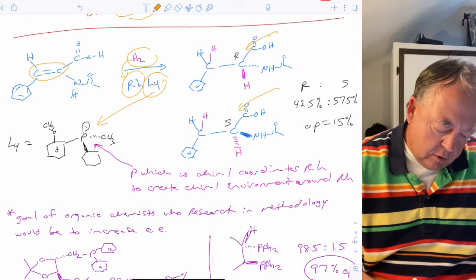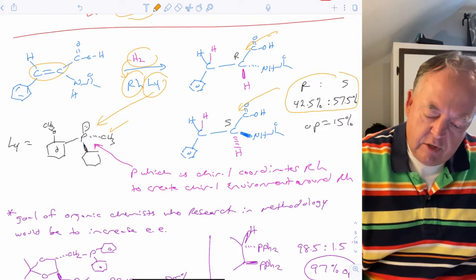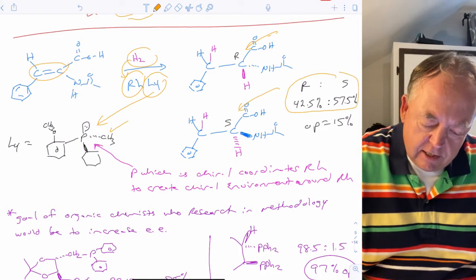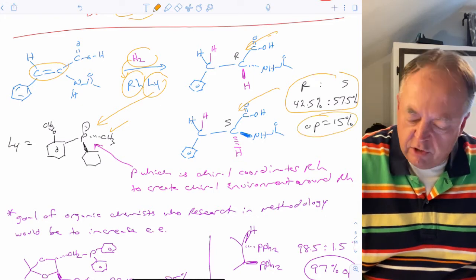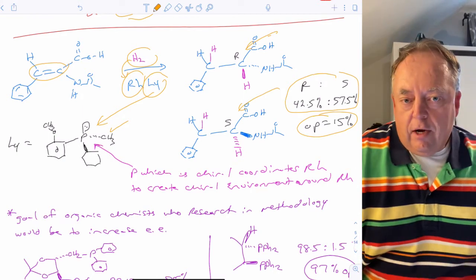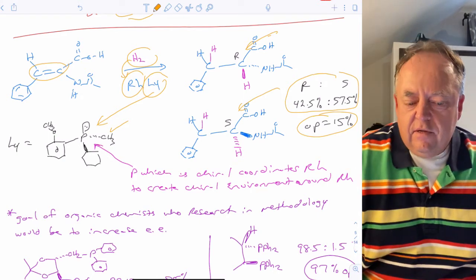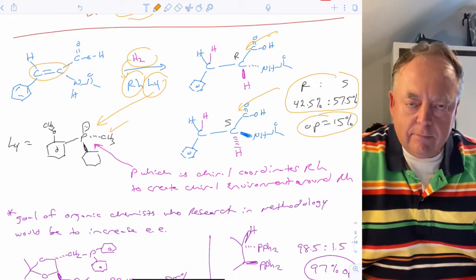And when this reaction occurs, then you can conceivably get some optical selectivity in your reaction. So with this particular ligand, you get this optical purity. You make 57.5% of the S isomer, 42.5% of the R. So if you subtract the two, you get an optical purity of 15%, which is not great, right? It's not much better than a 50-50 or racemic mixture, which is what you would expect if there was no chiral ligand present.